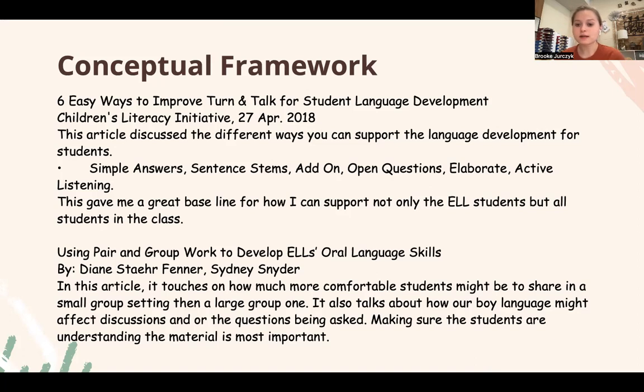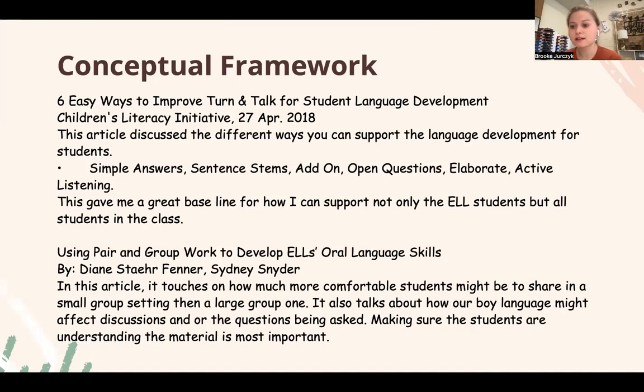Sometimes I would see the English speaking student speaking the entire time of the turn and talk, and not even giving the English language learner an opportunity to try and speak. And so really teaching both students that we take turns and we need to be active listeners when it's not our turn, and really giving each other the time we need to share what we would like to share.